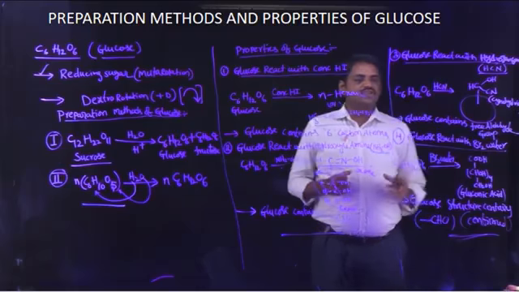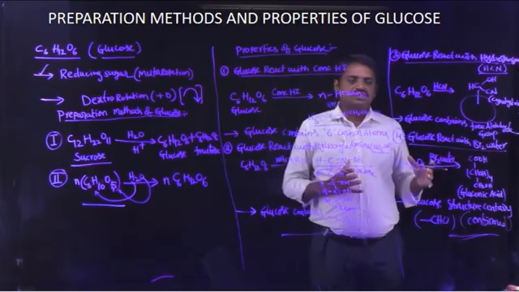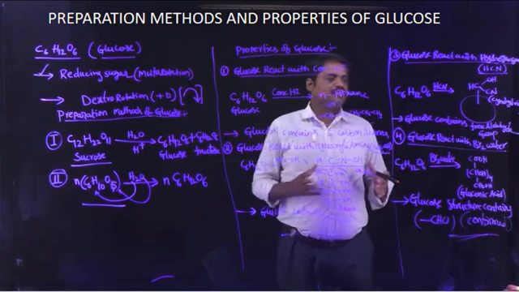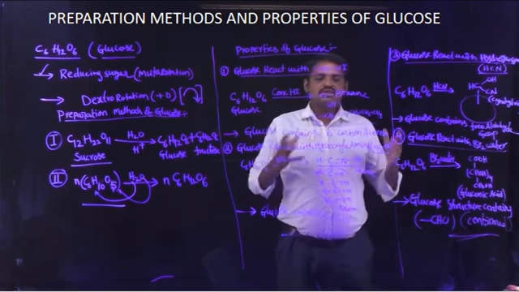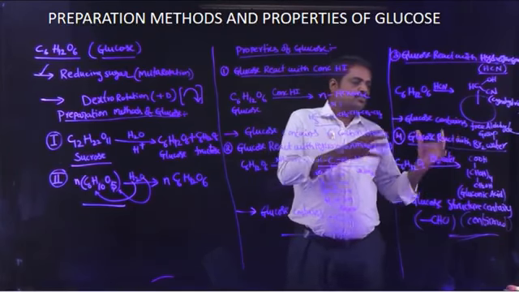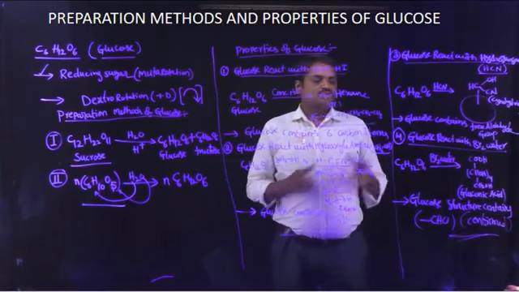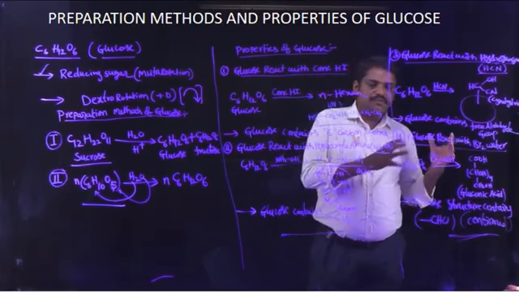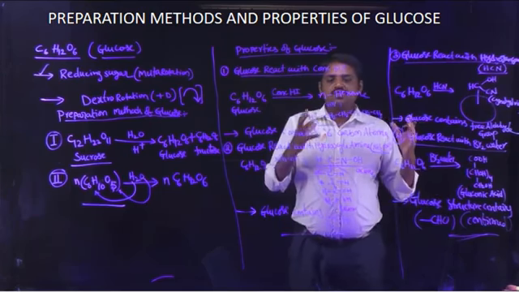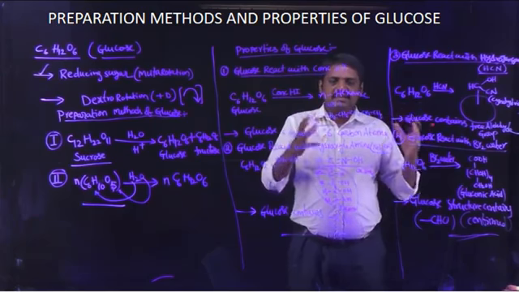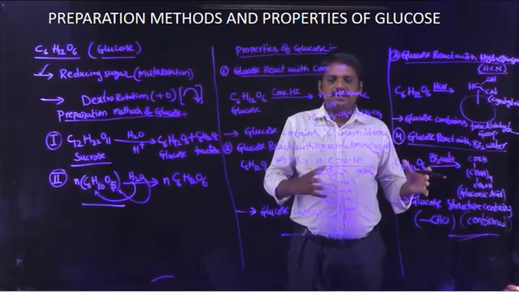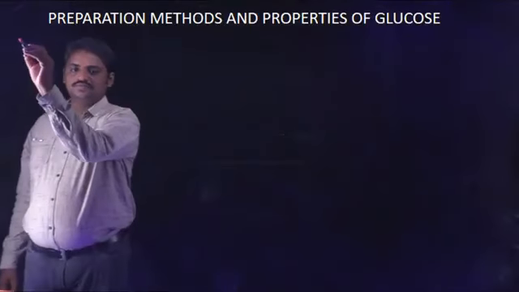Another reaction is glucose reacting with hydrogen cyanide to produce cyanohydrin, based on one free aldehyde group. The next one is glucose reacting with bromine water, which produces gluconic acid. This point is based on one CHO group being a must. So this is the confirmation test for the presence of aldehyde.